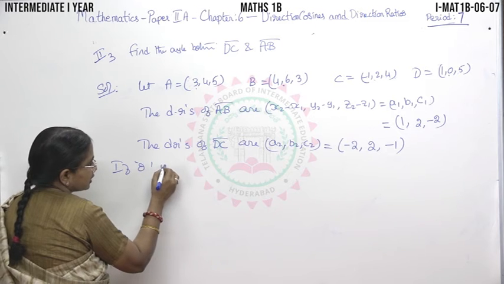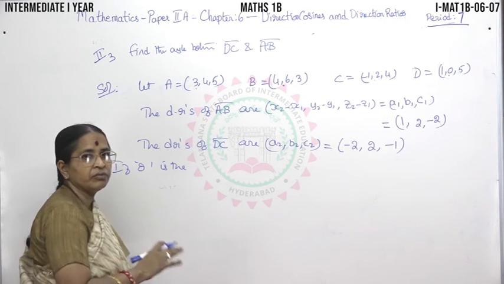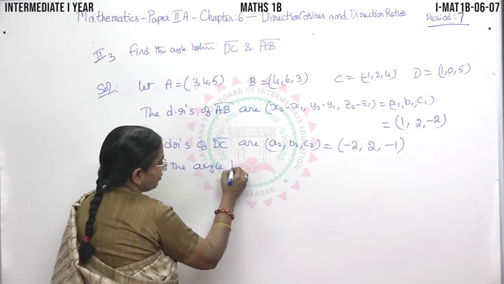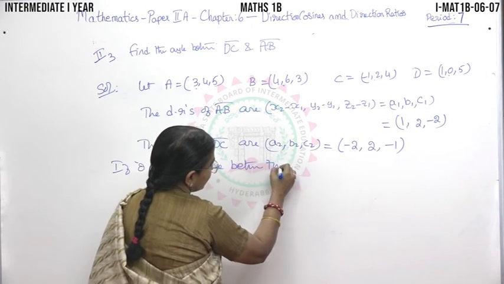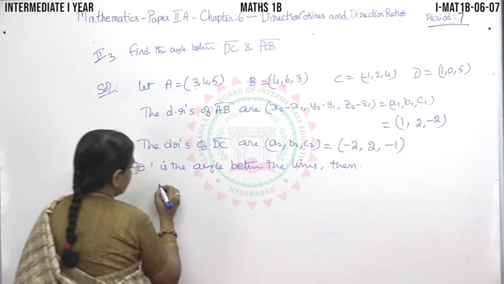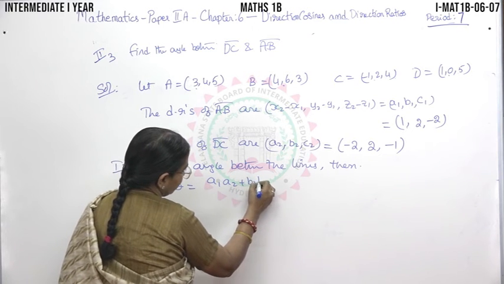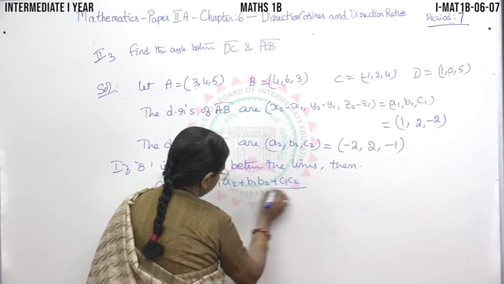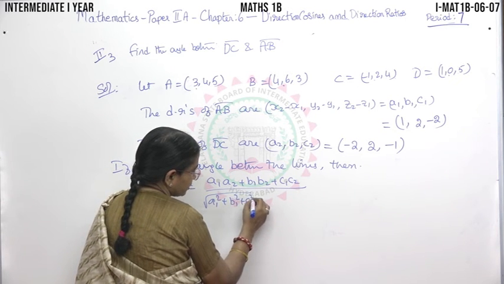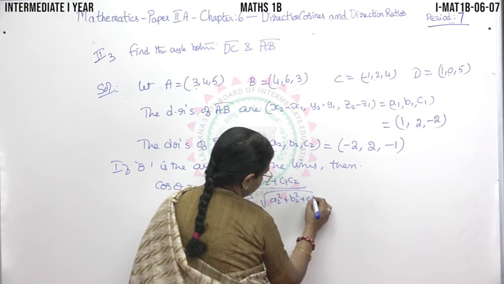If theta is the angle, in the earlier problem we found cos theta. Now here you have to find theta. If theta is the angle between the lines, then cos theta is equal to a1 a2 plus b1 b2 plus c1 c2 by root of a1 square plus b1 square plus c1 square into root of a2 square plus b2 square plus c2 square.